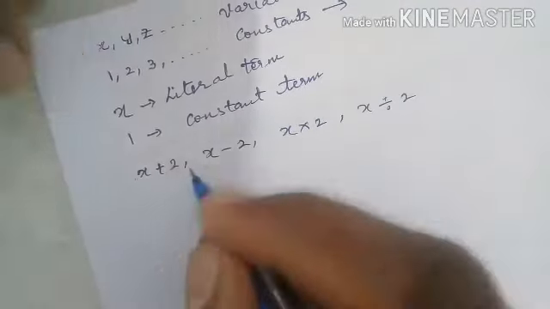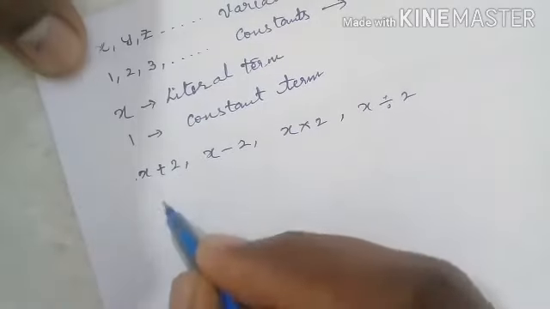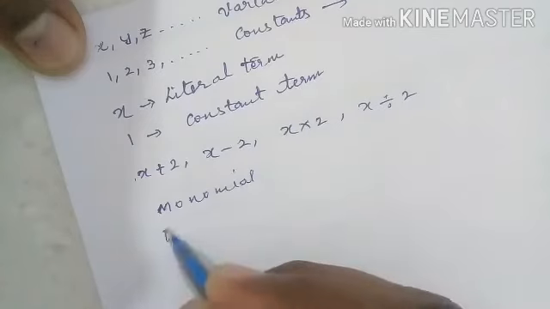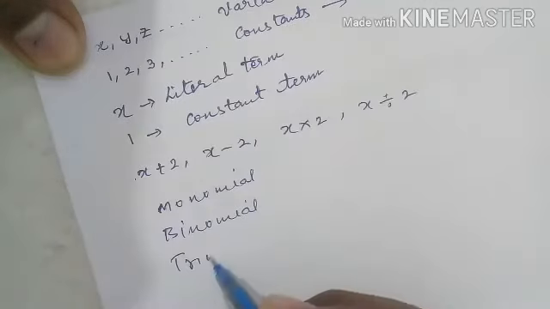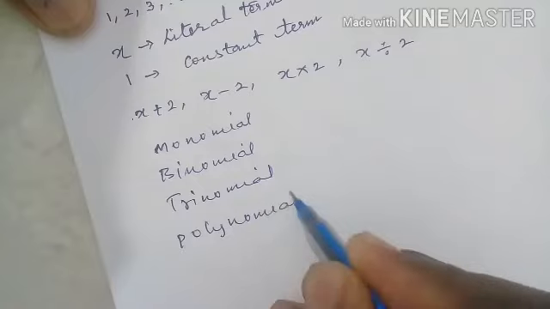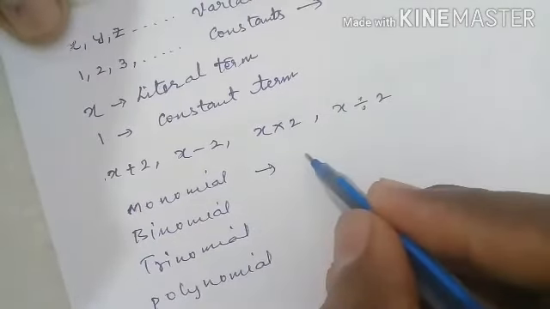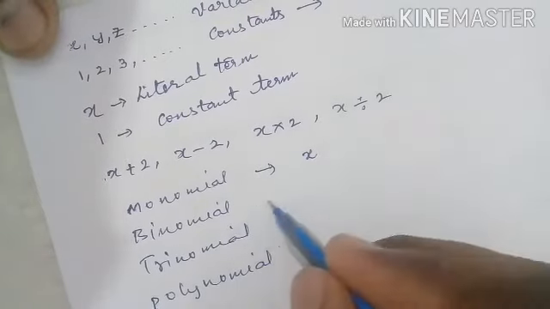But according to expressions we can classify them into monomial, binomial, trinomial and polynomial. Here monomial means an expression contains only a variable or constant, that is called monomial.